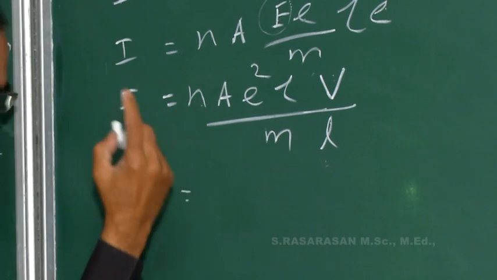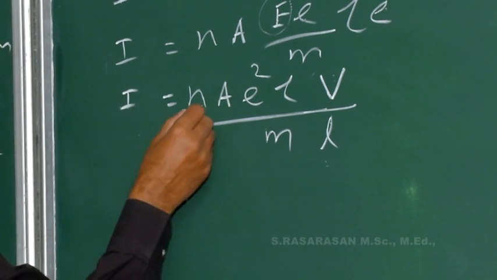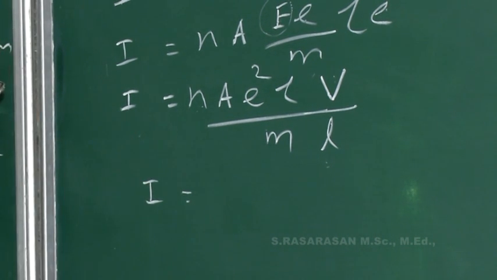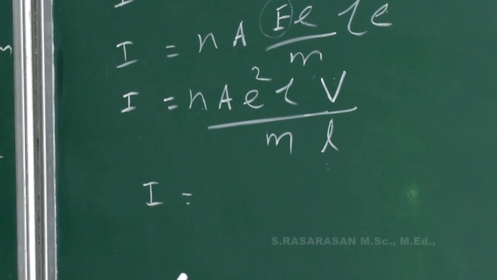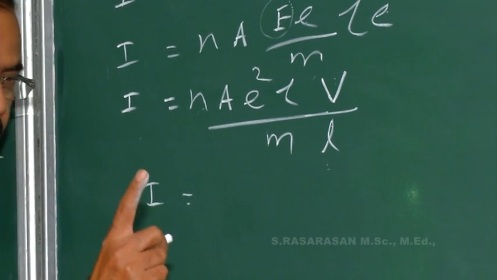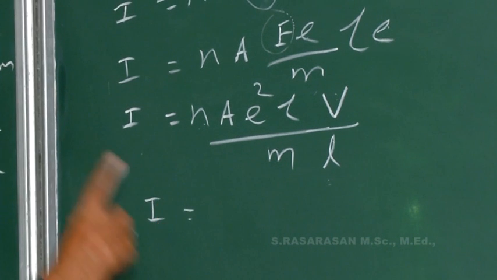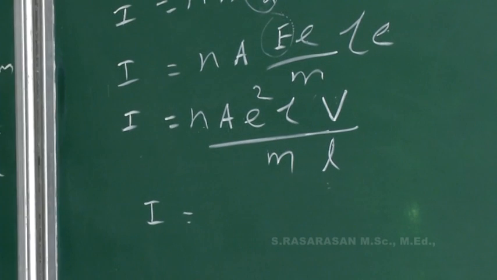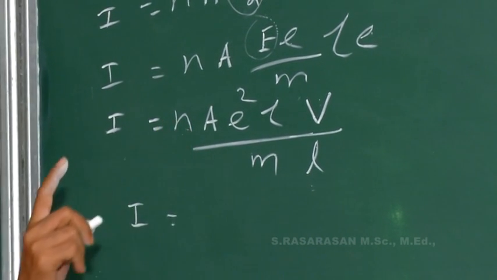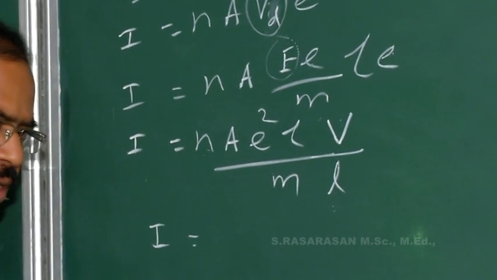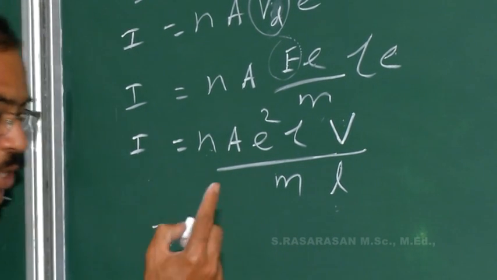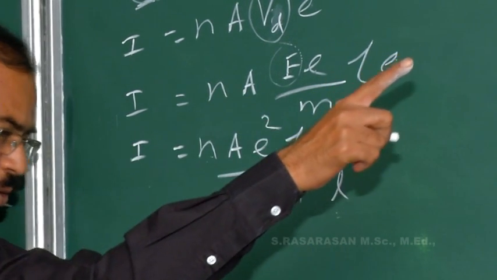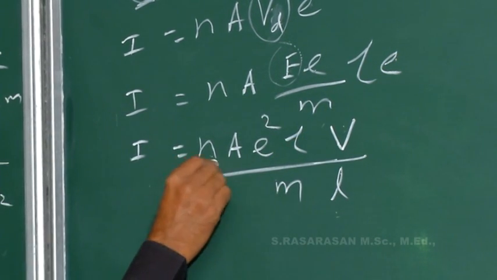N is the number of electrons per unit volume, say number density, electron density, charge density, any name. It is a constant for one material. For copper, there can be only one value, whether it is a thick wire or thin wire, thick rod or thin rod, sphere or metal plate. Copper has one value for the number of electrons per unit volume. Aluminium has another value, iron has another value. One value for one material.